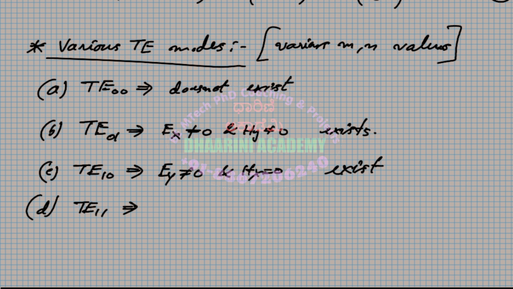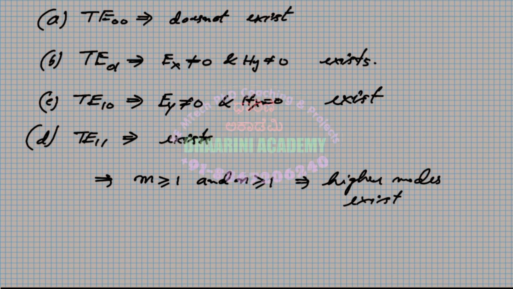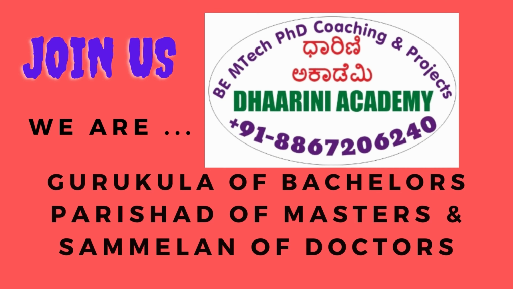So the wave exists. My conclusion is that for any value of m greater than or equal to 1 and n greater than or equal to 1, higher modes exist inside a rectangular waveguide corresponding to the transverse electric wave.